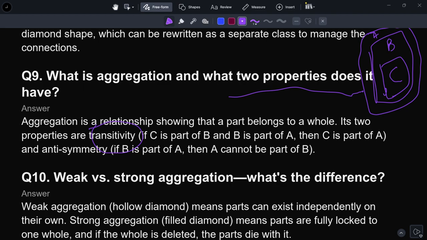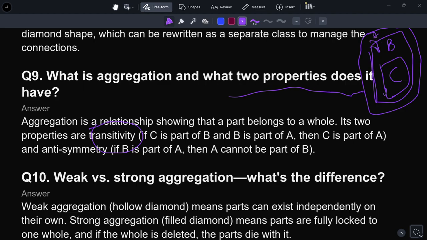And anti-symmetry is if B is part of A, then A cannot simultaneously be part of B. There is a strict hierarchy. So if B is part of A, then A cannot simultaneously be part of B. So it cannot exist.